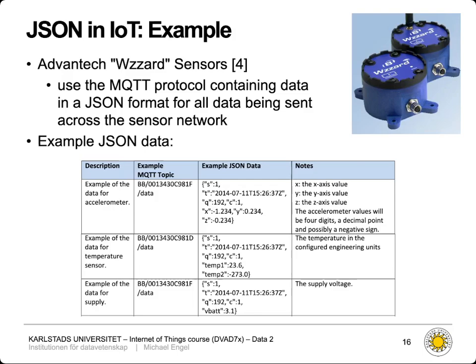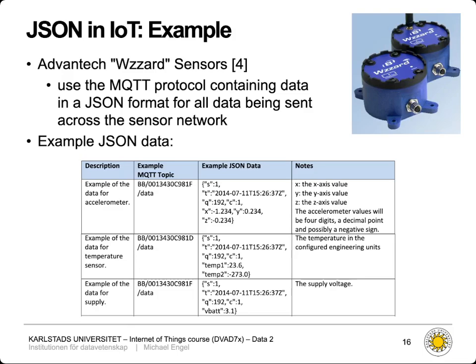So for example, we have an accelerometer sensor here, and here we give the MQTT topic. The MQTT topic consists of the vendor ID, which is BB in this case. Then, as we mentioned in the MQTT topic discussion in the infrastructure section, we usually have some unique identifier for a sensor.